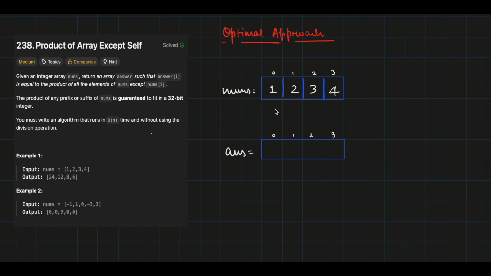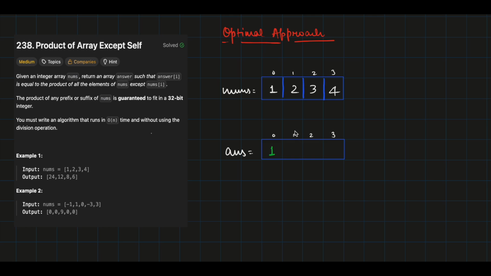So when we traverse this array, we keep the first value as 1, because before 1 there won't be any values. So now we can multiply the answer of 0 multiplied by the nums of index plus 1. So we multiply this value with this one. So 1 into 2 coming into the second index.